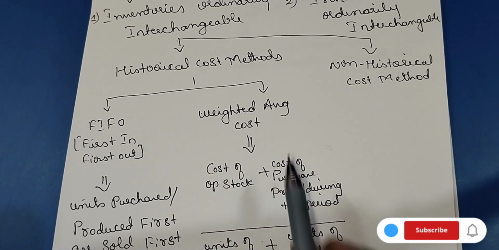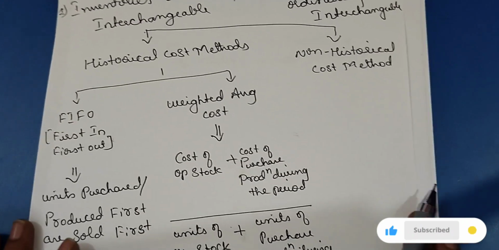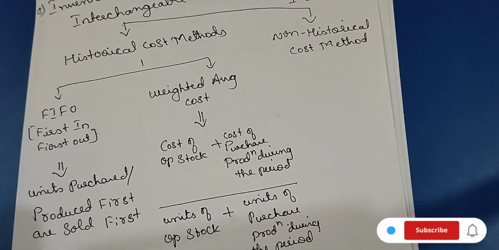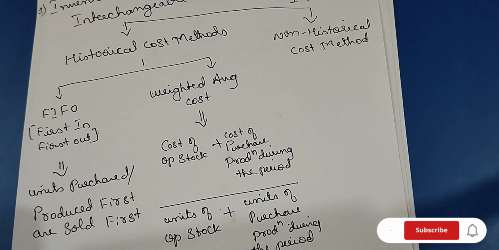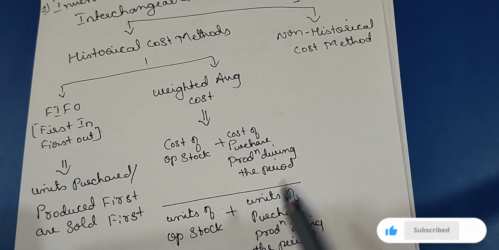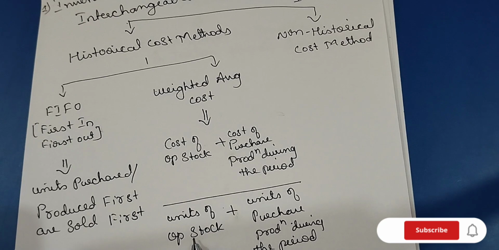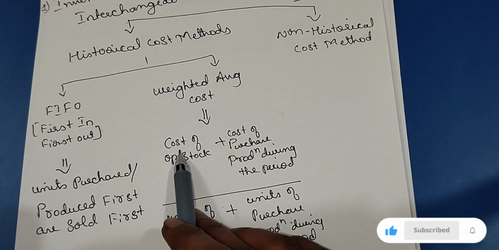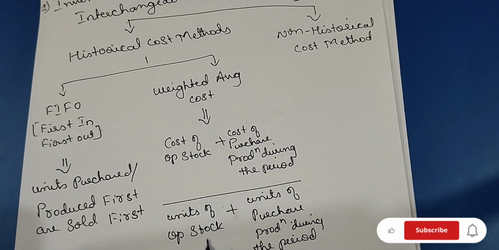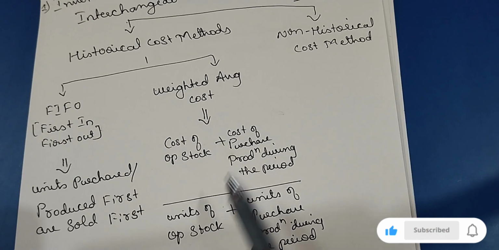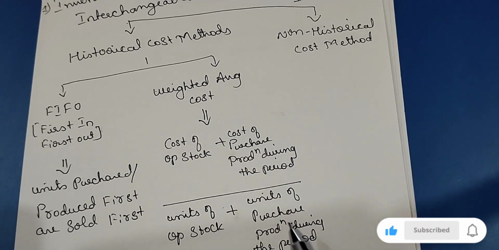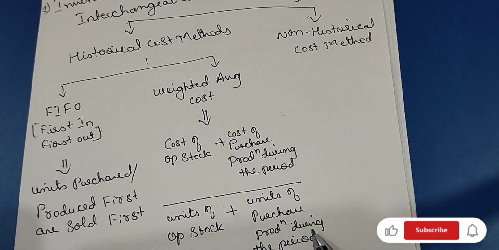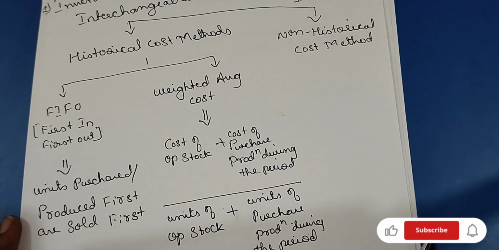Then under weighted average cost method we are taking an average of the opening stock and whatever cost we have incurred for the production or purchase, over the units of opening stock and the units we have purchased or produced. So that average we are taking.